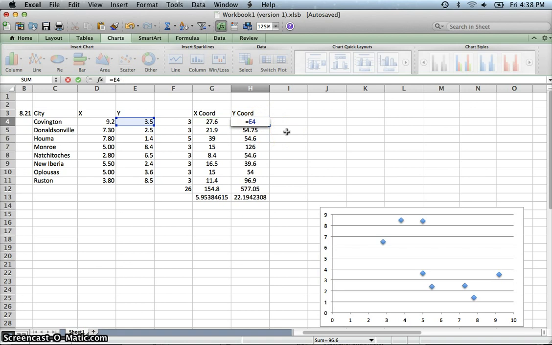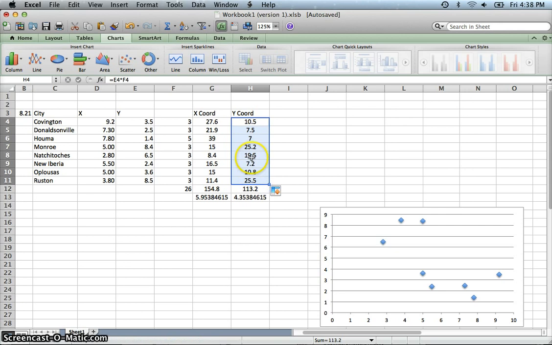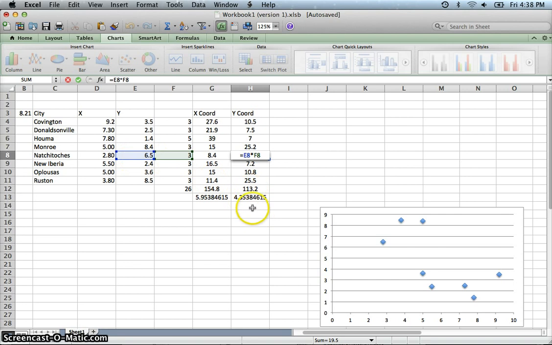I was multiplying the y times the x-coordinate. I need to do it times the weight. So there's my mistake: the y times the weight. Now we'll copy that down. Let's double check now that we got it right. Yeah, so we have the y coordinate times its appropriate weight, and we have the sum total, and this answer now makes a lot more sense to us.